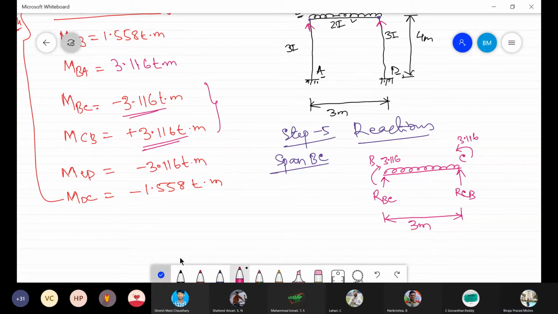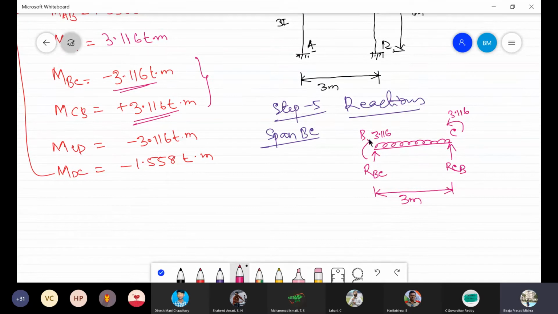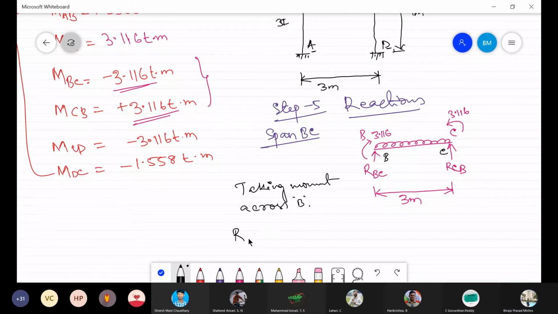Let us take moment across B. We already know that this is joint B, this is joint C. So taking moment across B, RCB into 3 plus this one 3.116, then minus this one 3.116, then what about this one?